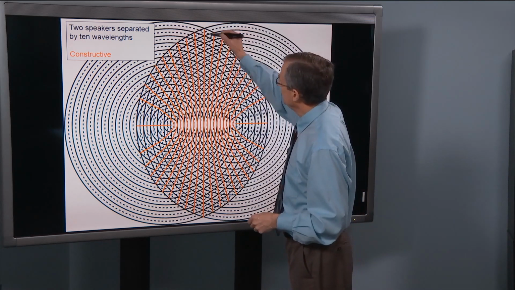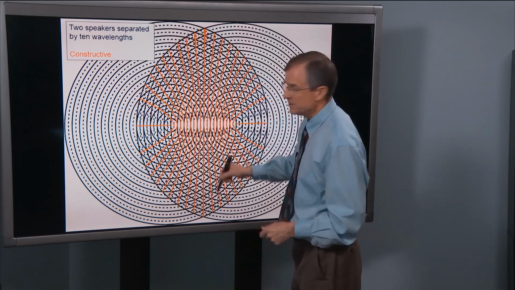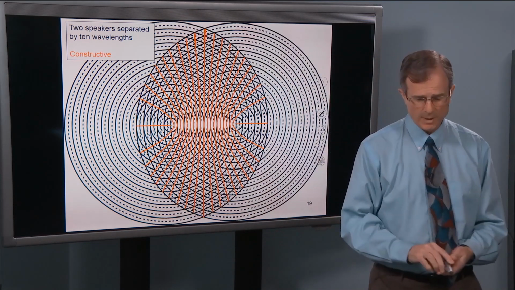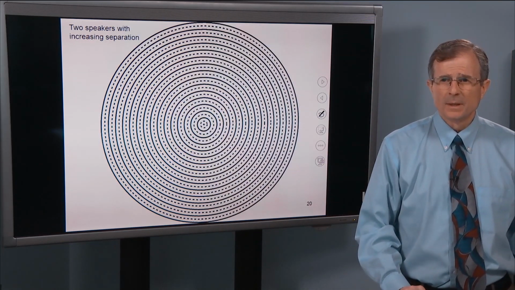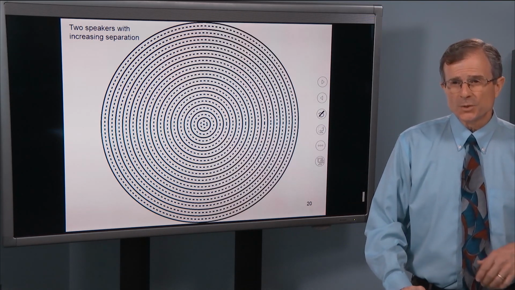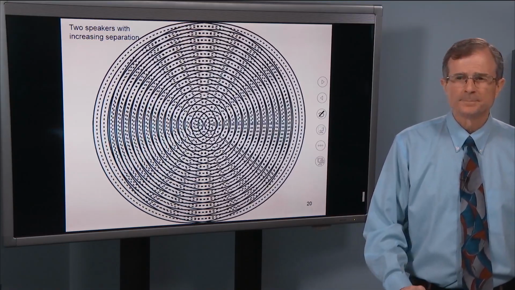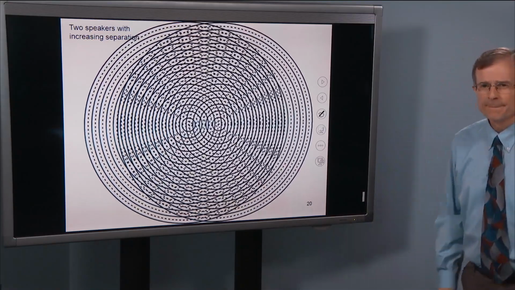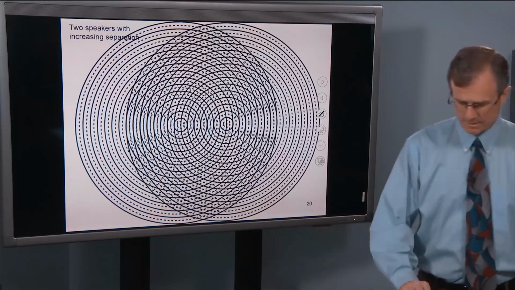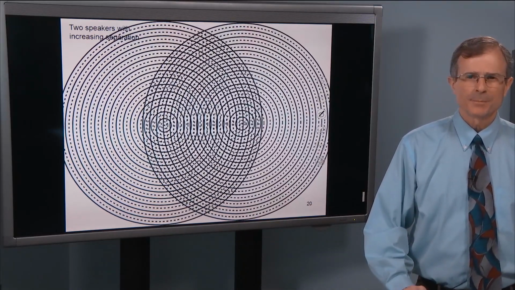Between this red line and this red line, there'd be a green one where there's destructive interference. And here's an animation that shows what happens as you increase the separation. Kind of pretty, I think.